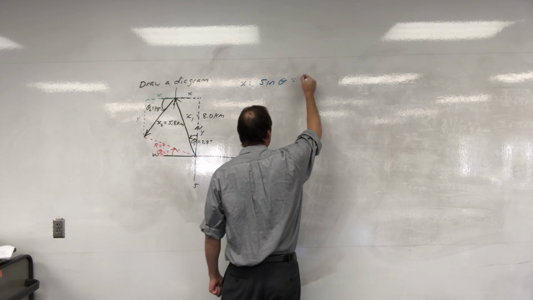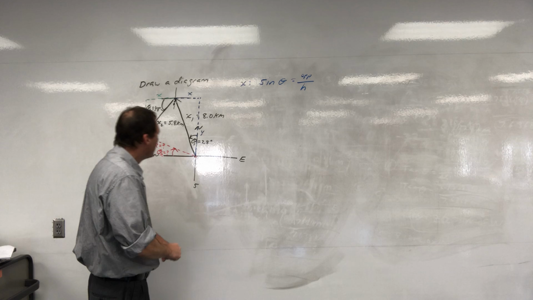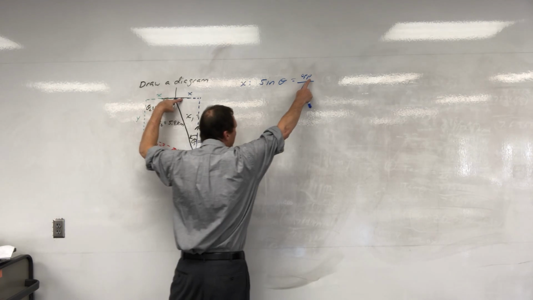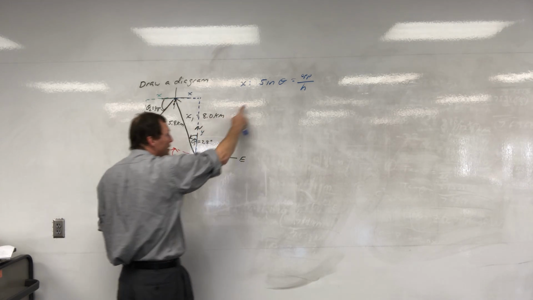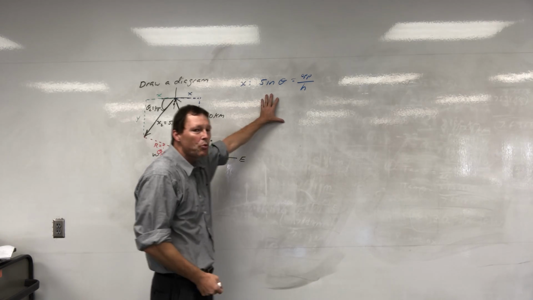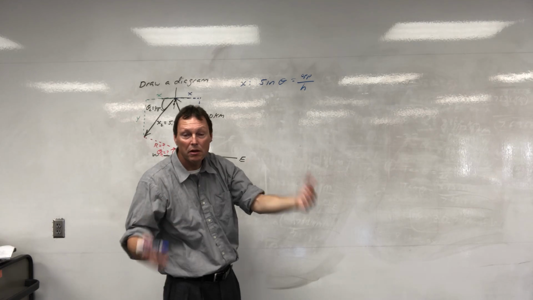Sine theta equals opposite over hypotenuse. That's the opposite side. I've got the hypotenuse, that's 8 kilometers, and I've got the angle, that's 28 degrees. That's why I chose that trig function instead of cosine or tangent.